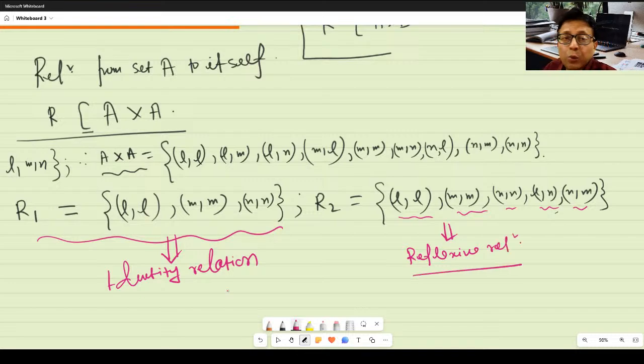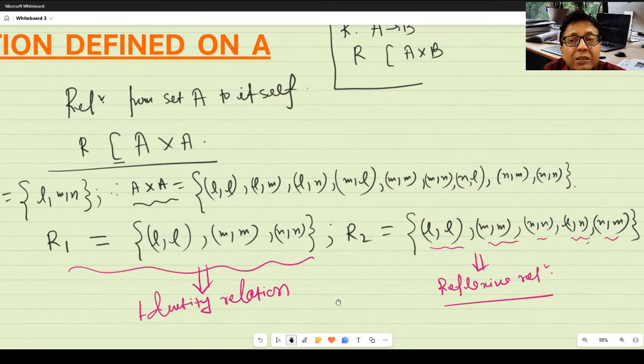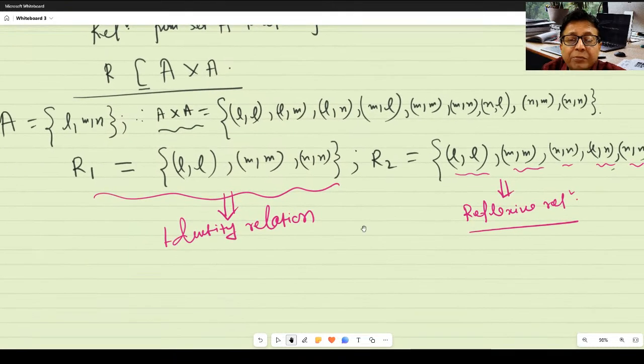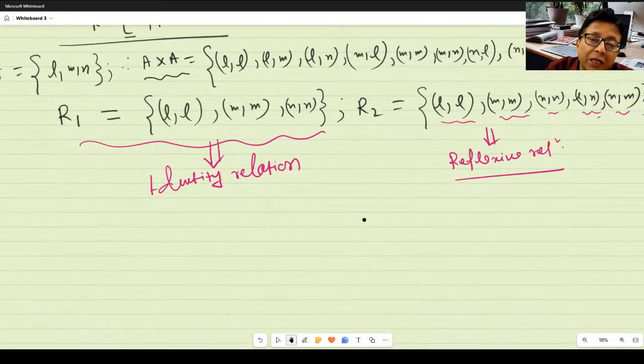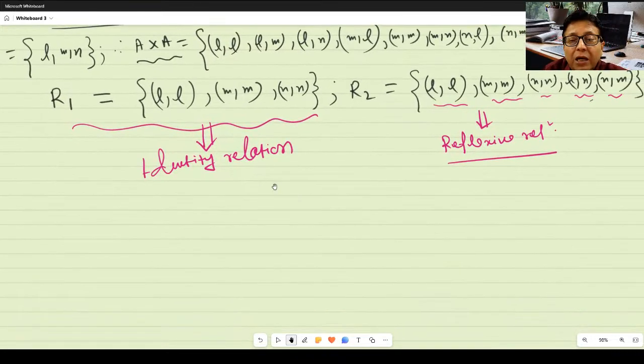I haven't told you what we are exactly going to do today. In your class 12 syllabus, the topic is types of relation. Obviously, these are two types of relations. Identity relation one type, reflexive relation another type.